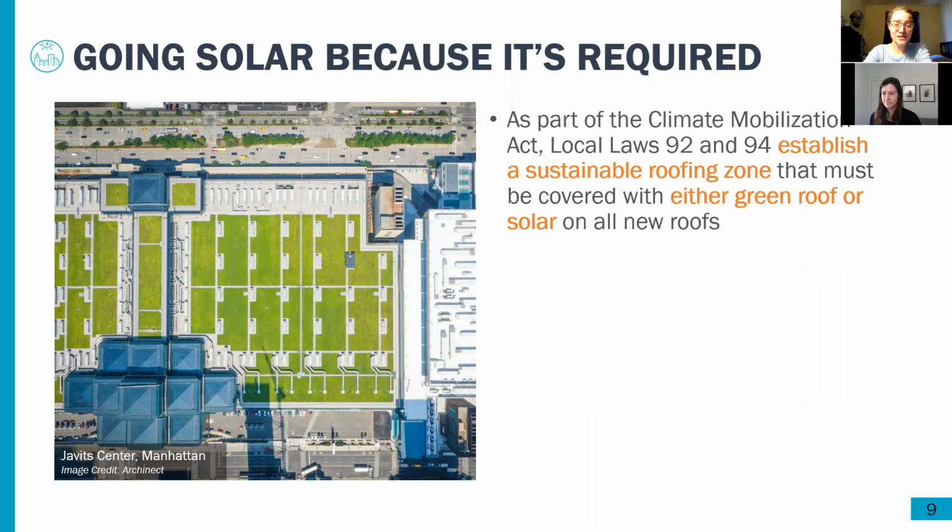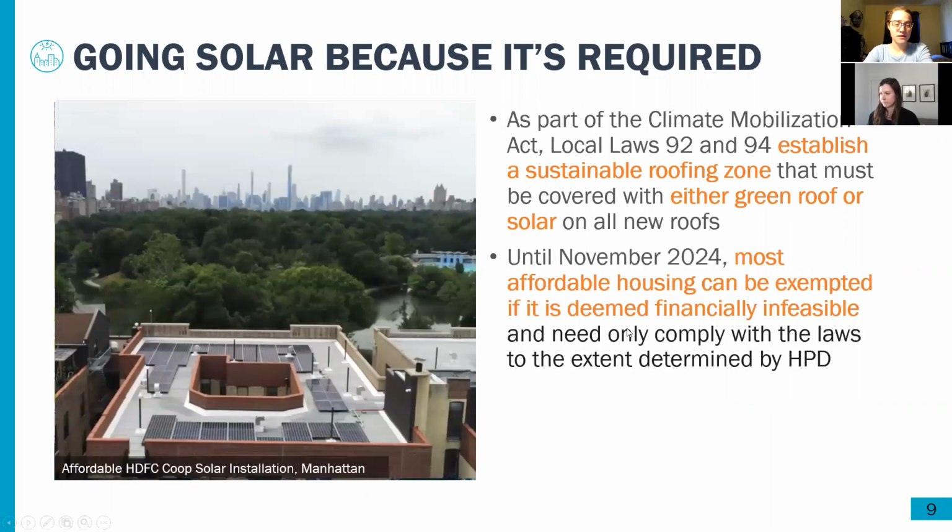And it's also required as part of the Climate Mobilization Act. Local Laws 92 and 94 require that either solar or a green roof be on pretty much any unoccupied space on the roof. That is true for all market rate new construction buildings.